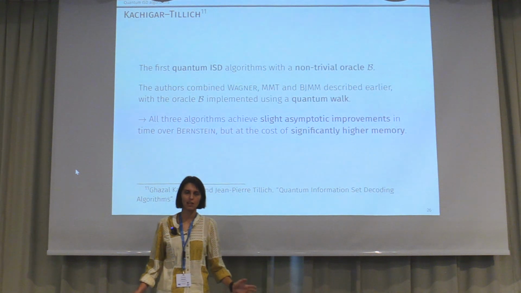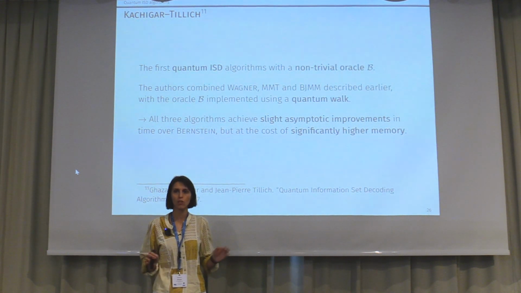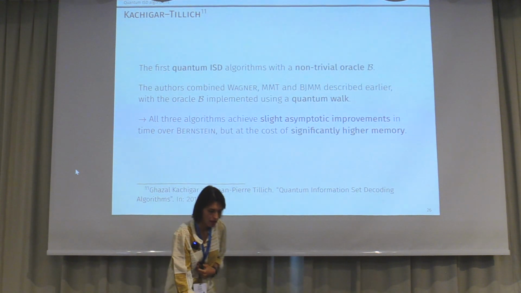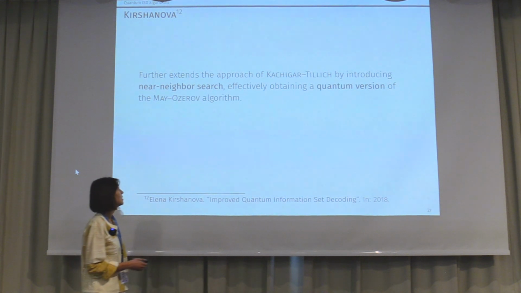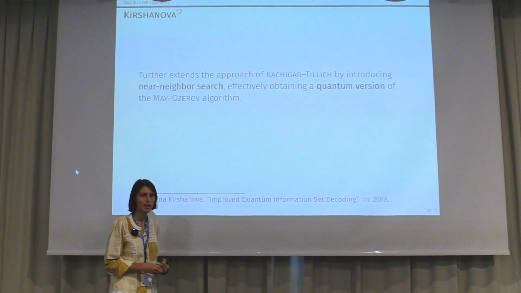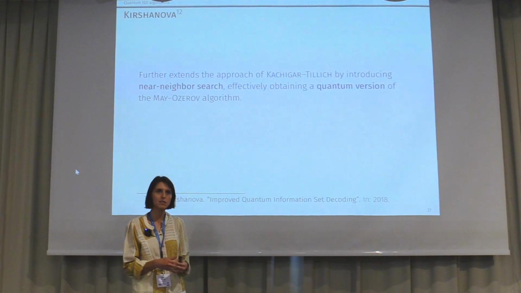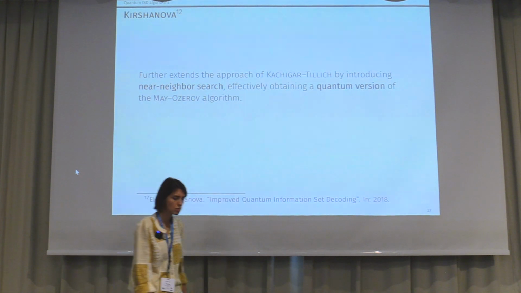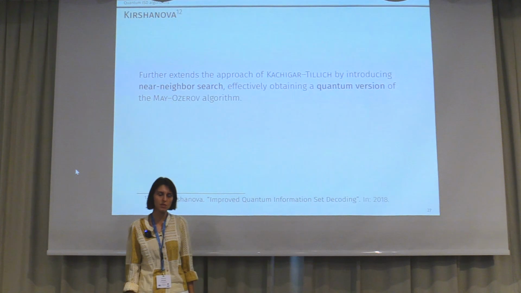You can just imagine that you're going from memory that used to be 0 to something very non-negligible. After that, we also had some further generalization of this approach by Kachigar and Tillich. In that case, Kirshanova tried to use near neighbor search on top of these techniques, combining them together to obtain some kind of a May-Ozerov version of the quantum algorithms.